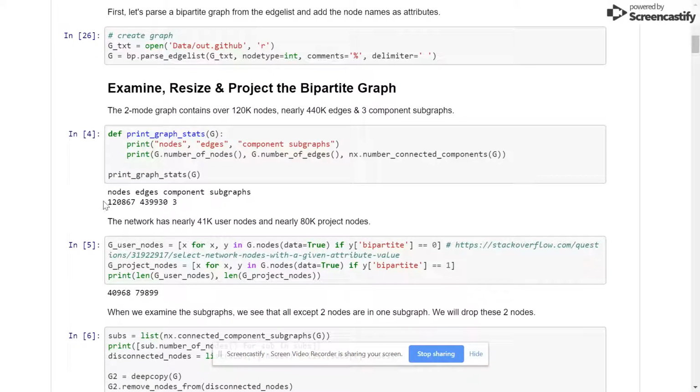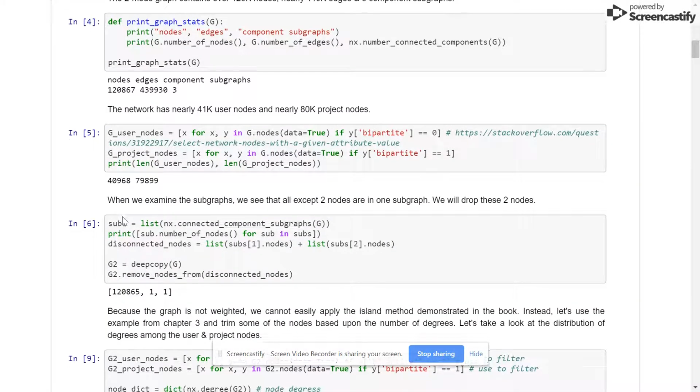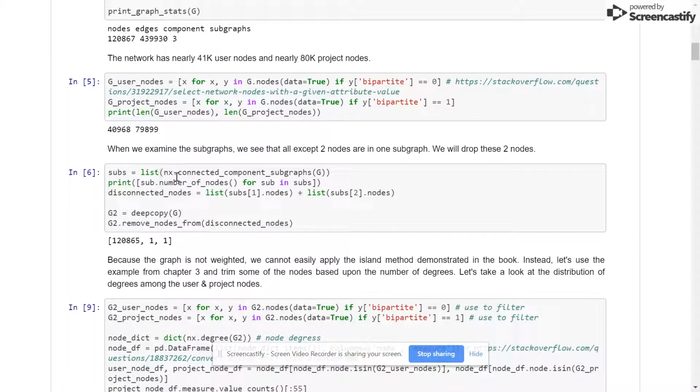This is because if we don't, it'll create unipartite graphs that are tens of millions of edges. And there's about roughly a third to 2/3 breakdown between the user nodes and the project nodes in our network.